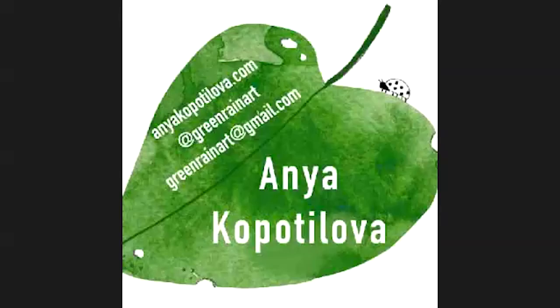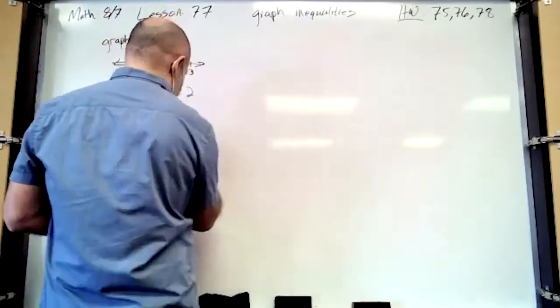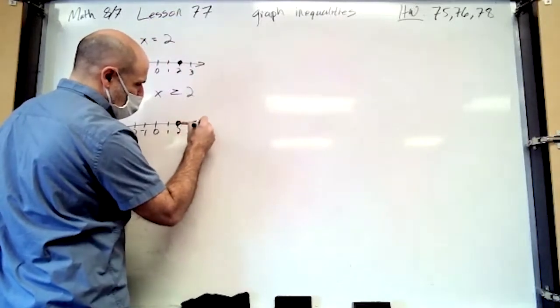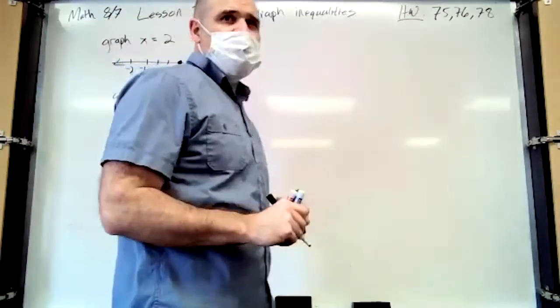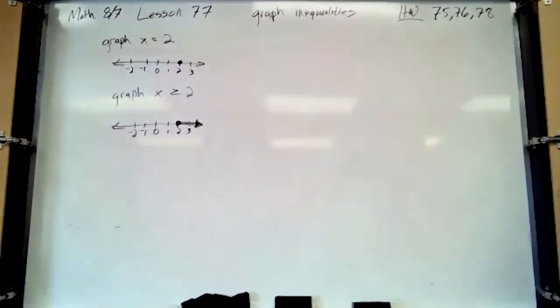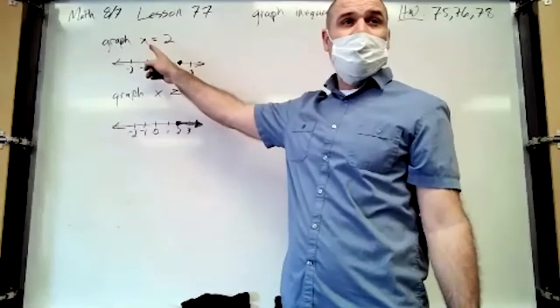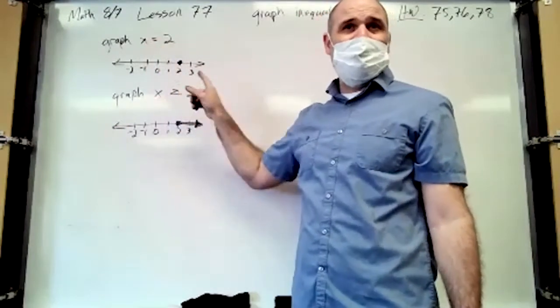Wouldn't you draw a straight line? Yep, so you would graph 2, and then you would also graph everything to the right of it, even 2.1 and 2.01 and 2.0000001, but everything up to infinity. So you would not just shade on 2 like you did up here, but you shade on 2 and everything to the right of 2.